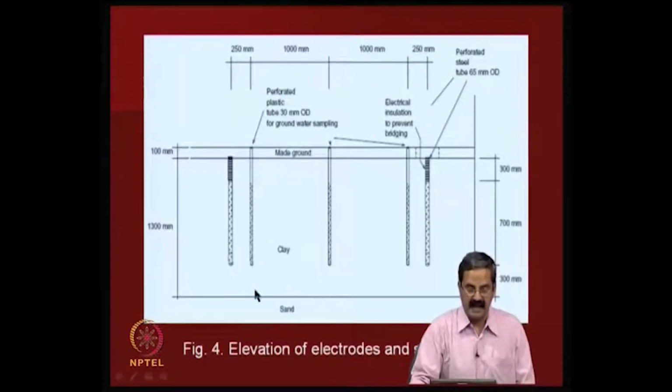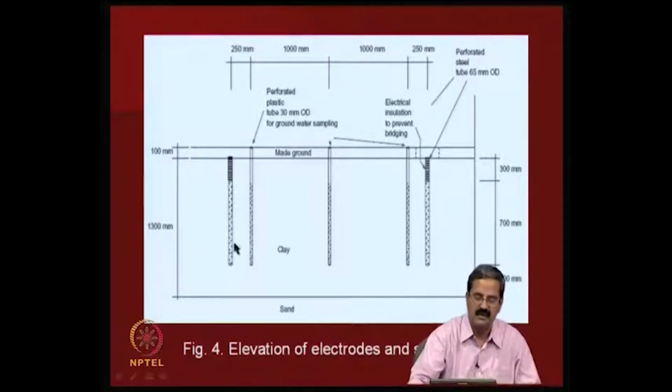This is the arrangement that they have. As I said, it is a small experimental stretch, and you have a made up ground. These are the electrodes on either side, okay, and this is a perforated plastic tube, 30 mm OD, for groundwater sampling.